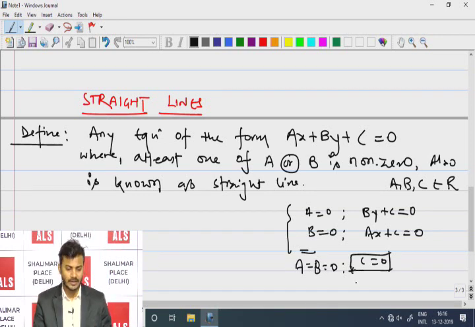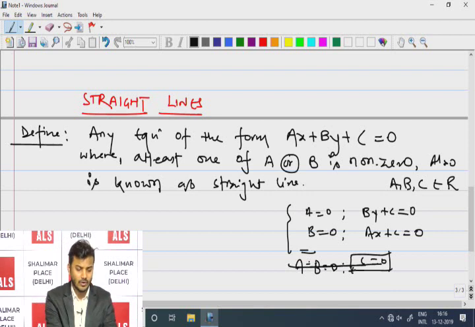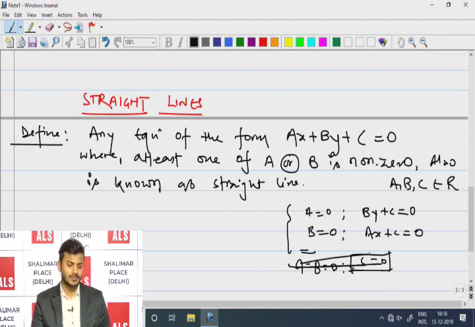That is not a correct expression because c has some value, sometimes 4 or maybe 5 or anything, but it cannot be 0. That is the reason this is not a straight line. This is not a complete equation. In regard to a straight line, this is not the case. So the first and second cases are when a is 0 or b is 0. Clear? Okay, enough for this.